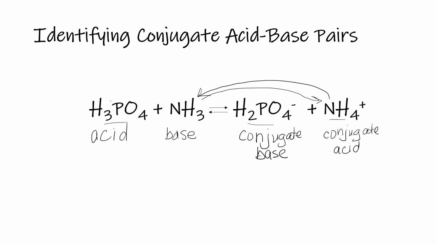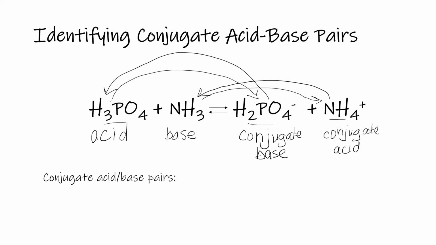And so then looking back, we have our H2PO4 with a negative charge, and in that reverse reaction, it became H3PO4, and so it gained a hydrogen ion in that, and our definition of base is a proton or hydrogen ion acceptor, and so H2PO4 dihydrogen phosphate ion is our conjugate base.